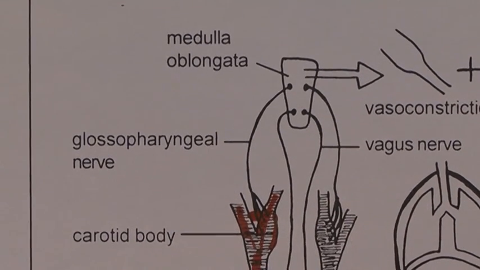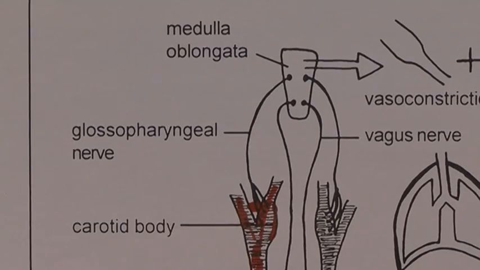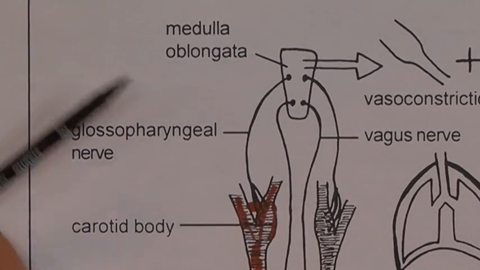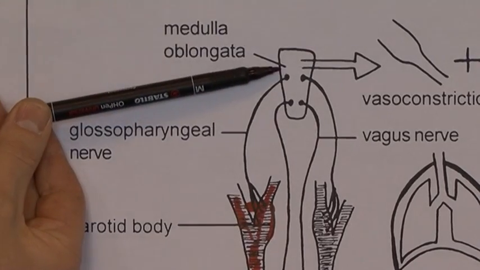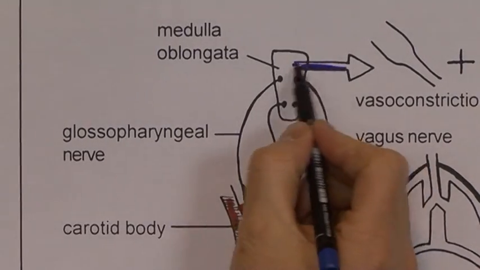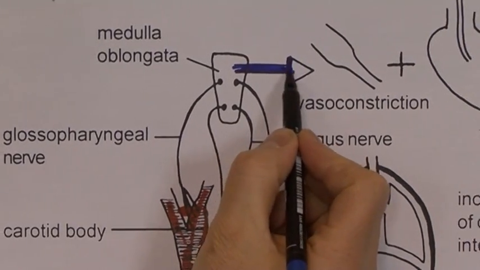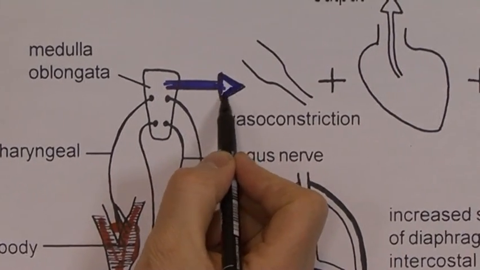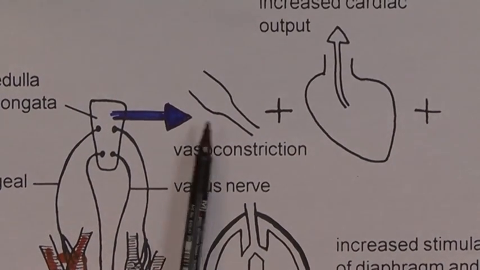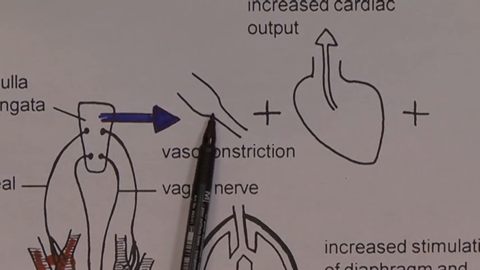So information about the level of oxygen in the blood is constantly being processed by the medulla oblongata. If the level of oxygen in the blood drops, there is increased sympathetic outflow from the medulla of the brainstem. Outflow from the vasomotor centre is going to cause vasoconstriction.